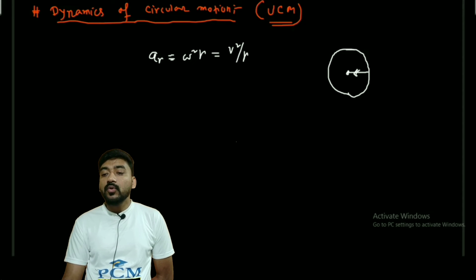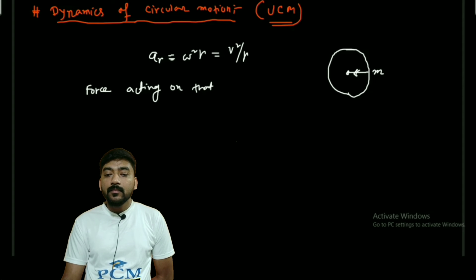Now what will be the force acting on this particle? If the mass of the particle is m, then the force acting on this particle at every time is F equals mass into acceleration, that is m v square by r, or you can say m omega square r.